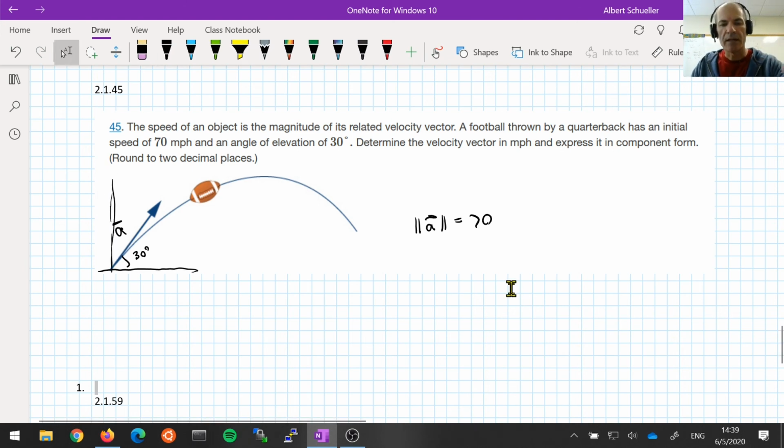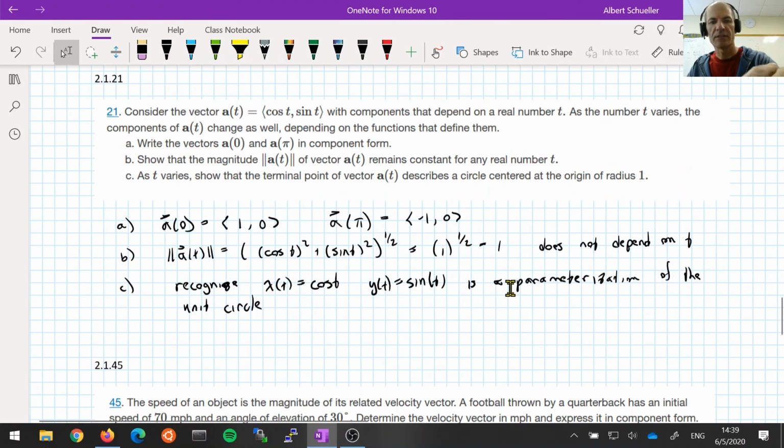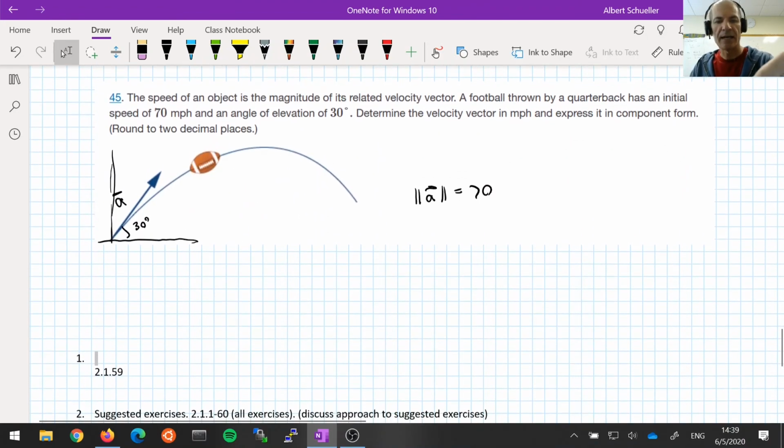Well, in fact, we can. We can actually find a unit vector based on this earlier work about cosine t, sine t. We can look at cosine of 30 degrees, sine 30 degrees. This vector points in the direction that we desire.